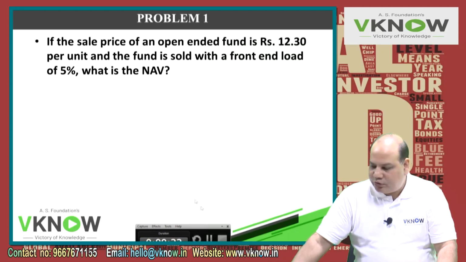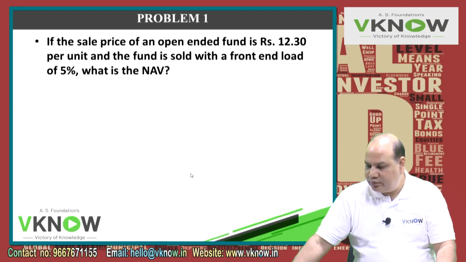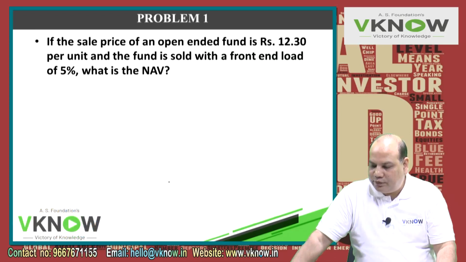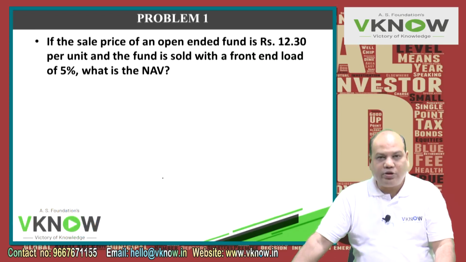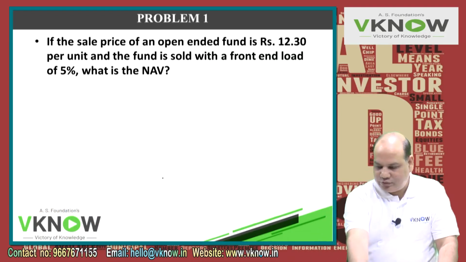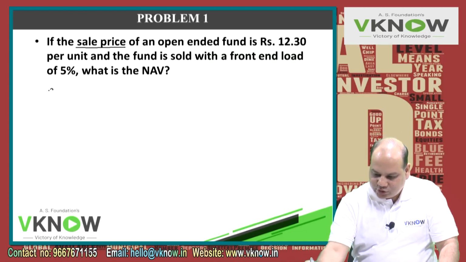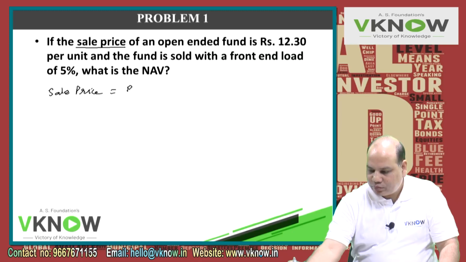If the sale price of the open-ended fund per unit is 12.30 and the fund is sold with a front-end load of 5%, what is the NAV? So what is given? Sale price, rupees 12.30.